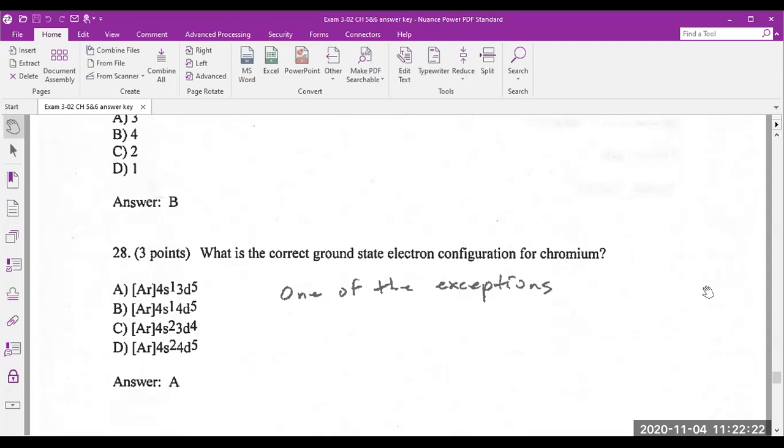So chromium was one of the exceptions that we talked about in class. And so that has that argon noble gas core and then 4s1 3d5. By having it 4s1 3d5 instead of 4s2 3d4, you have 2 half-filled shells, and that's more stable, lower energy.